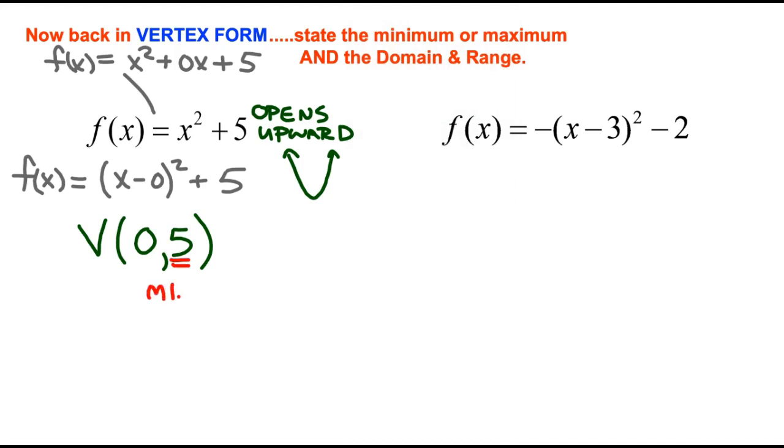It's a minimum because it opens upward. So the minimum is y equals 5.